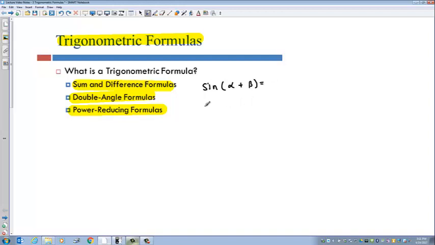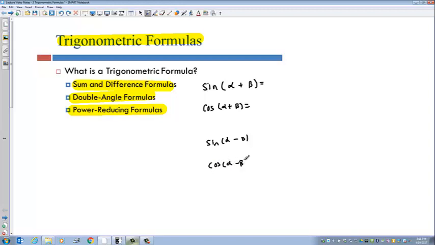And there is, and we'll find that in a minute. And then we're also going to do cosine of alpha plus beta. And then on the opposite side, we also will have the sine of alpha minus beta, and then the cosine of alpha minus beta.